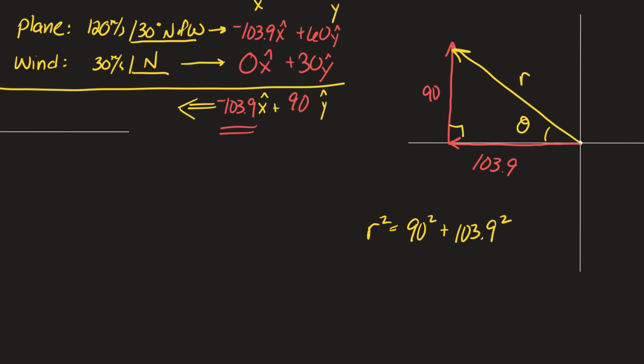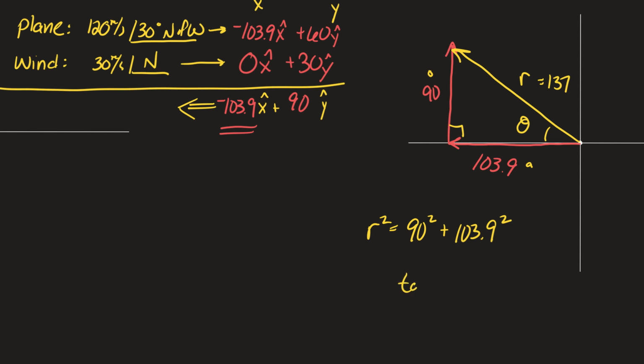You do you. You need the angle and you need r. I worked out Pythagoras and I found that r is equal to 137 with some change. And I'm going to use the tangent function because this is opposite and this is adjacent. And I know tangent goes with opposite and adjacent.